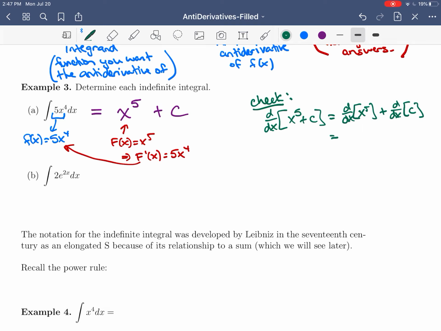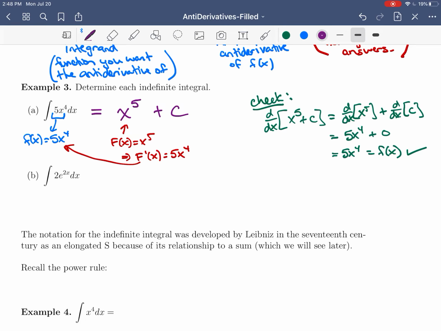The derivative of x to the 5 is 5x to the 4. And the derivative of c, because c is a constant, is 0. So I just get 5x to the 4, which was my f of x, the integrand, which is what I wanted. So I know that I found an antiderivative. In fact, because of this plus c, I found all possible antiderivatives.